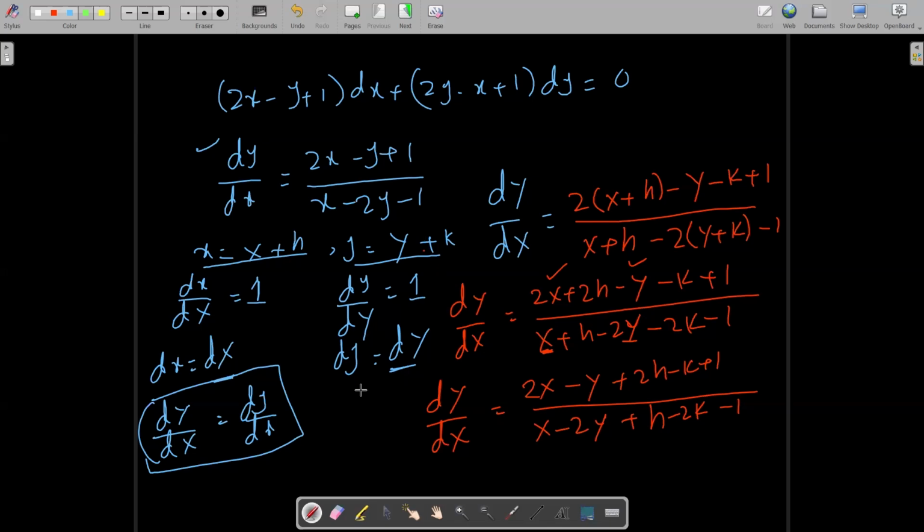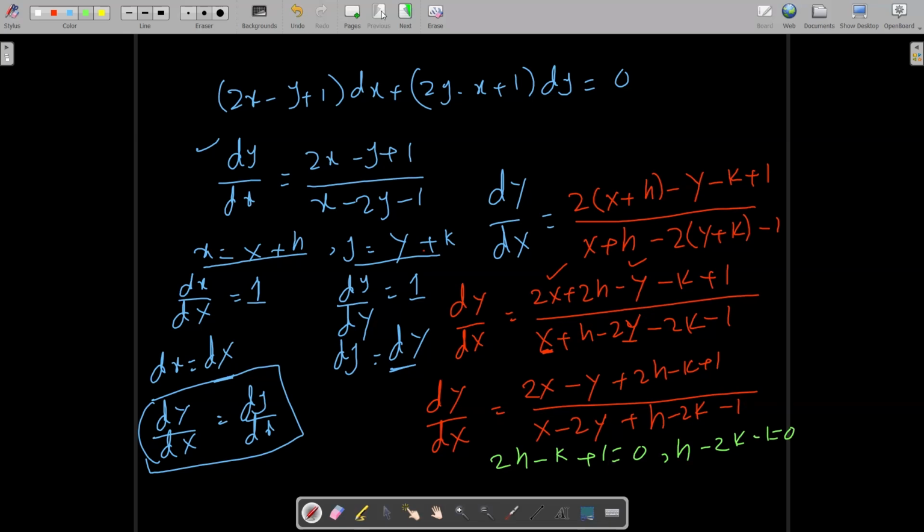We take the constant terms equal to 0 to reduce the given differential equation into a homogeneous one. So 2h minus k plus 1 equals 0 and h minus 2k minus 1 equals 0, right? And we have to solve these two equations for h and k.